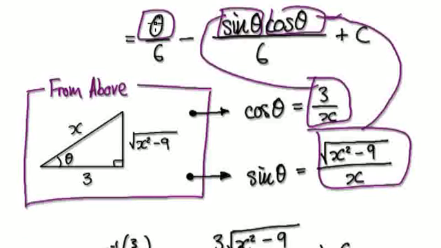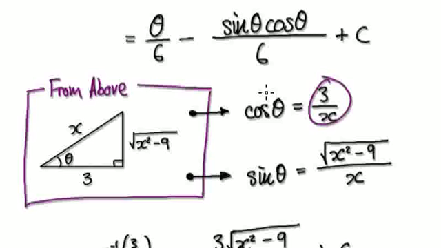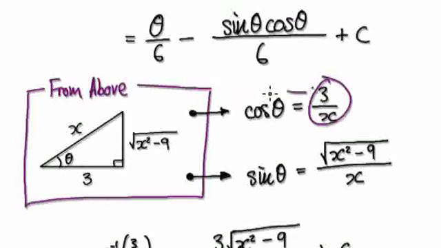Now for this theta here, you can either use this or you can use this. Select the simplest one. Theta is really inverse cos of 3 over x. Now we can put this into here.